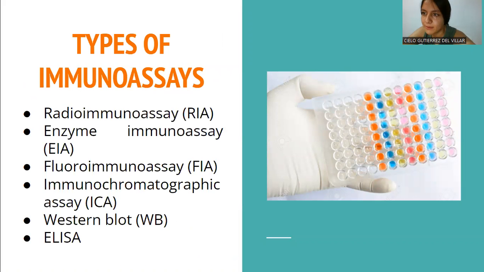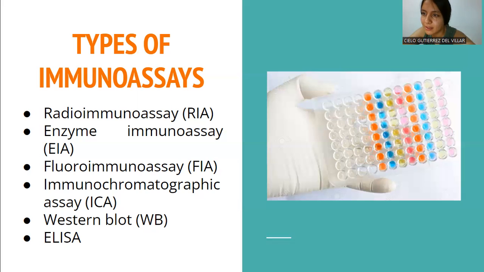Types of immunoassays. The types of immunoassays are radioimmunoassay. This technique is used to detect and quantify substances that are found in very small quantities and mixed with many others. Enzyme immunoassay.